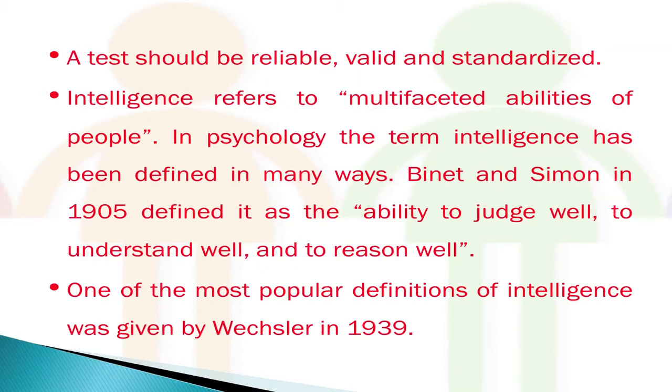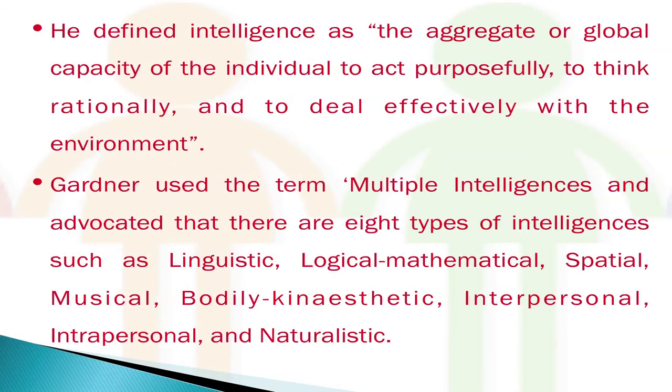Intelligence refers to multifaceted abilities of people. The most popular definition of intelligence was given by Wechsler in 1939. According to Wechsler, it is the aggregate or global capacity of the individual to act purposefully, to think rationally and to deal effectively with the environment.